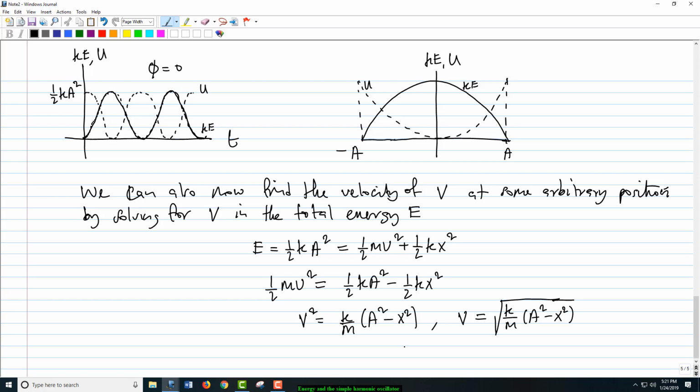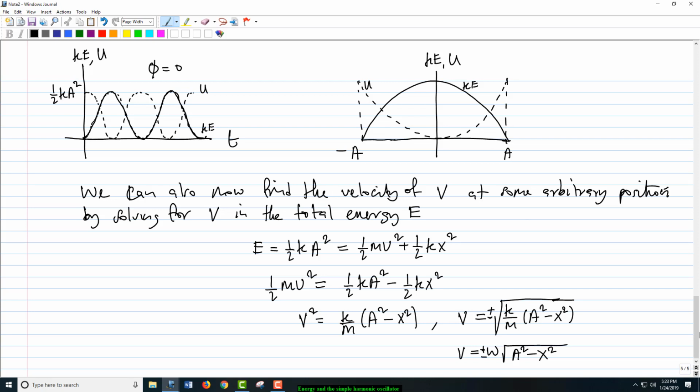If you like, you can replace k over m by omega squared, and take the square root of that. So you have v equals omega times the square root of A squared minus x squared. Let's add here that we took the square root, so we're taking plus or minus, so it's either the positive or the negative speed.